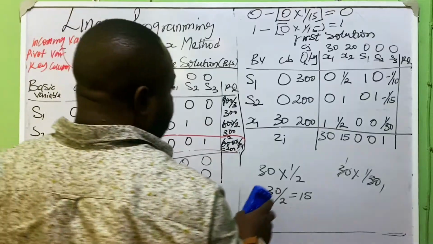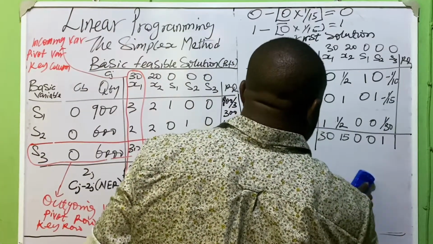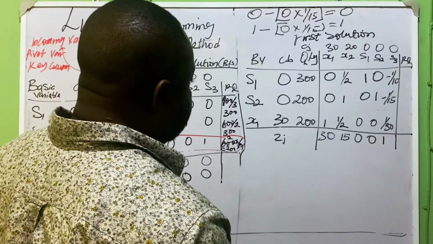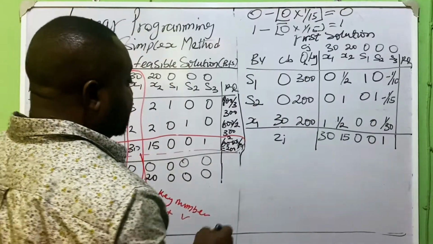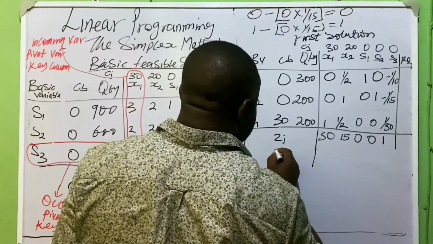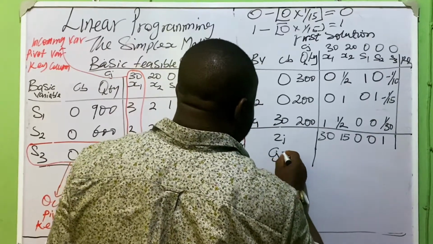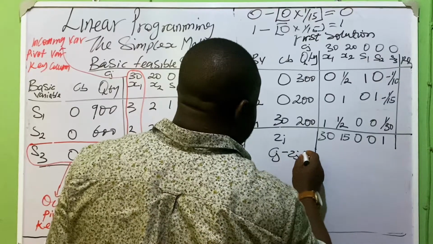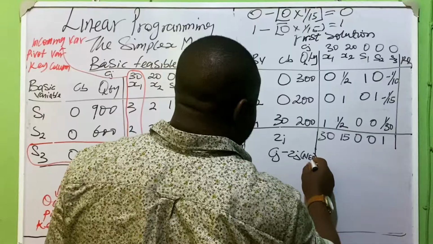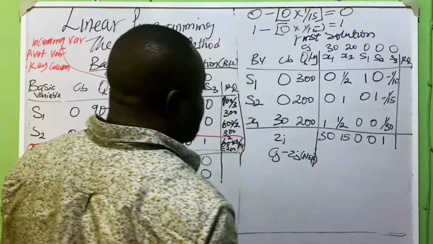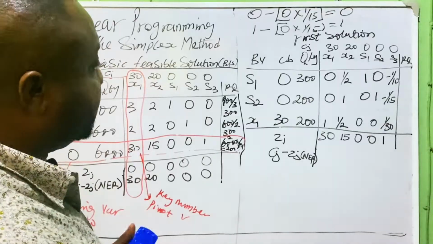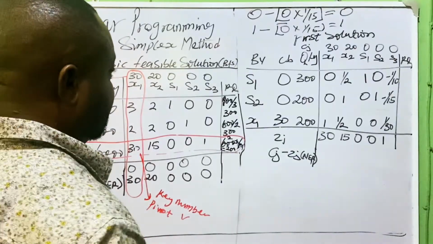So having done this, the next task will be to determine our CJ minus ZJ, which is our next evaluation rule. CJ minus ZJ, which is our NER, our net evaluation row, where we check to determine whether we have attained optimality or not.